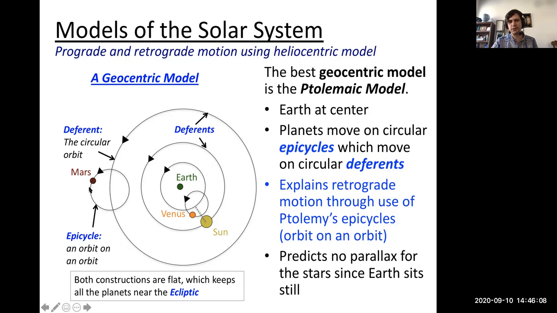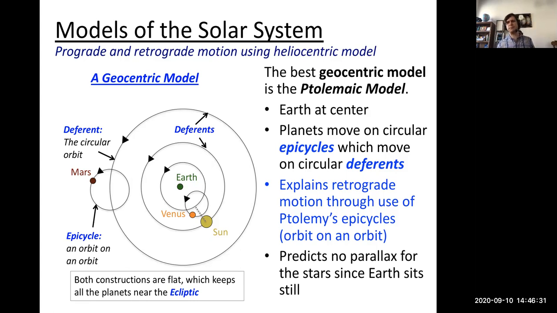So you can see as Mars would swing around this point on its epicycle, looking from Earth, it would appear Mars would be moving backwards to how it normally looks. It would be moving retrograde. So that's how the most celebrated geocentric model, the Ptolemaic model, explained retrograde motion.